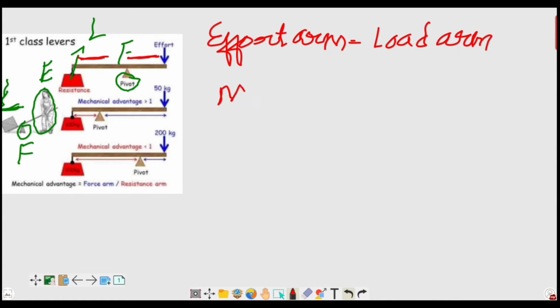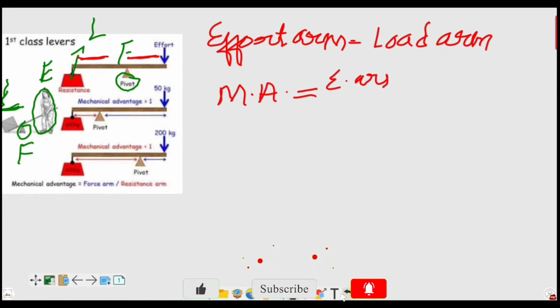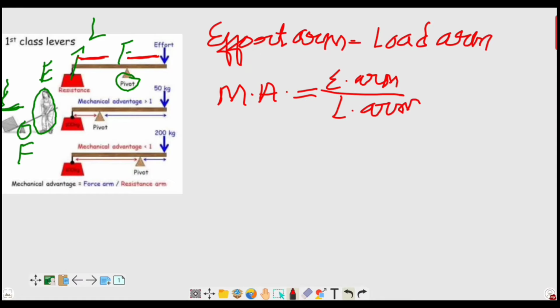You know MA in case of lever, as earlier I discussed, is effort arm upon load arm. When both are equal, your MA will be equal to 1. So in this, when exactly fulcrum is in between, lever can be used to change the direction of effort.